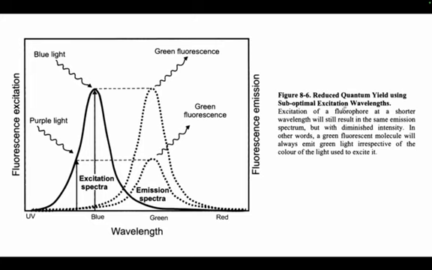So even if we use a suboptimal excitation wavelength, we will still have the same emission spectrum, but with diminished intensity. The nature of the emission spectrum will remain the same regardless of which excitation wavelength you use. It's just that we will see differences in intensity.